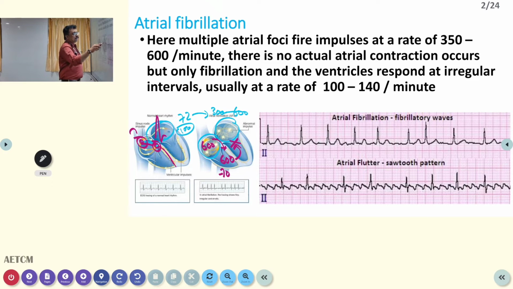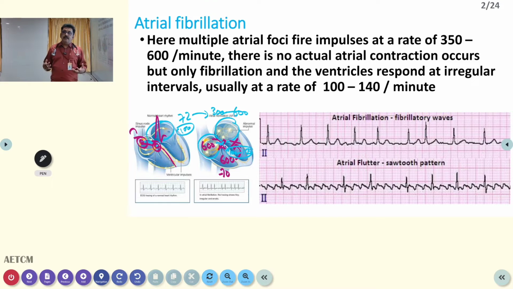So the body has a control mechanism here, so that out of 600, only 100 or 150 go to the ventricle in an irregular fashion. That is very important. So the atria beat at a rate of 300 to 600, but that 600 may not go to the ventricle.